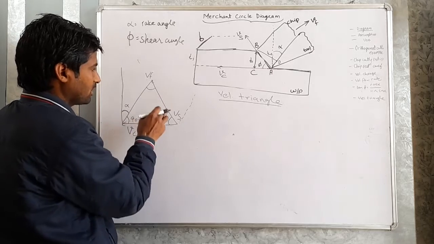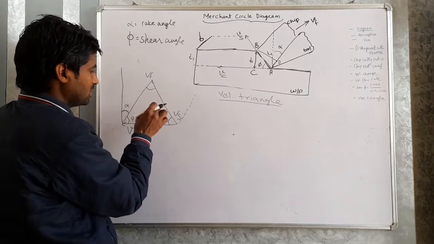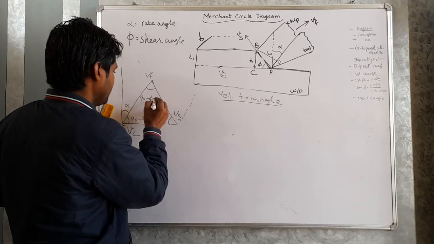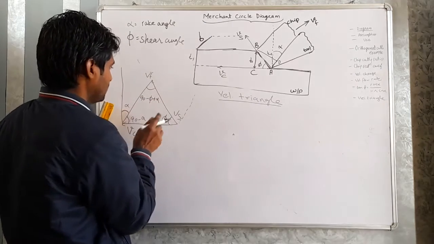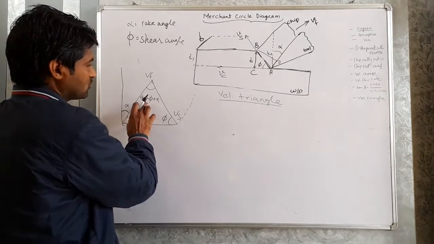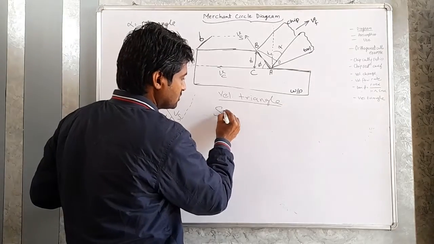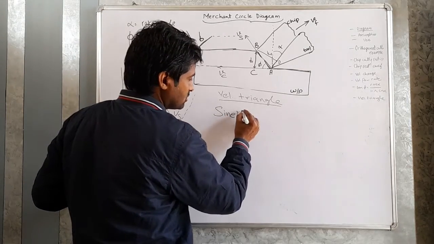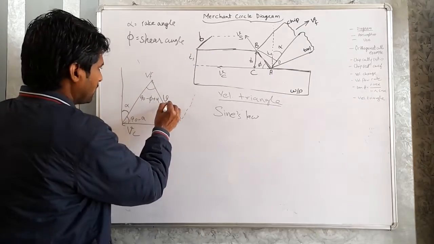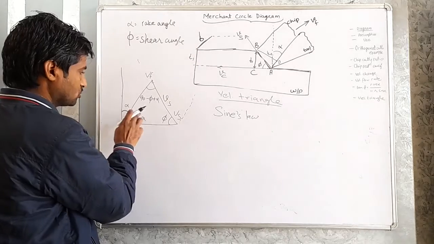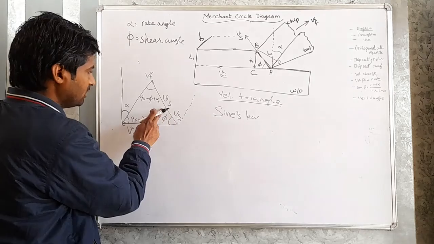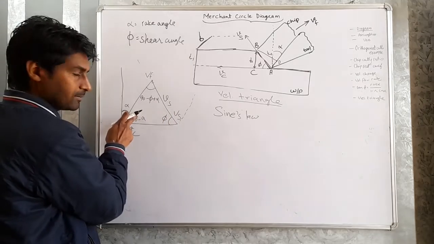Because the sum of the angles of the triangle is 180, this angle will be 90 minus phi plus alpha. According to sine law, the length of a side of a triangle is proportional to the sine of the opposite angle.